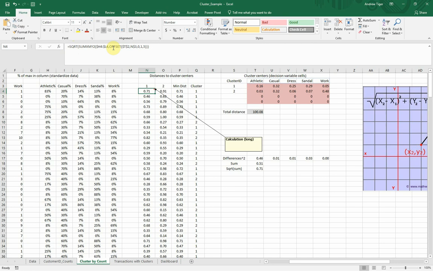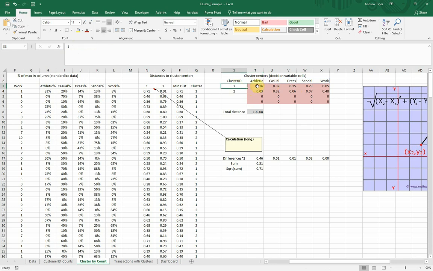When I do this one, it's going to be this times this. But when I do this one, it's going to be this times the second cluster. These are the centroids, the middle of the cluster.